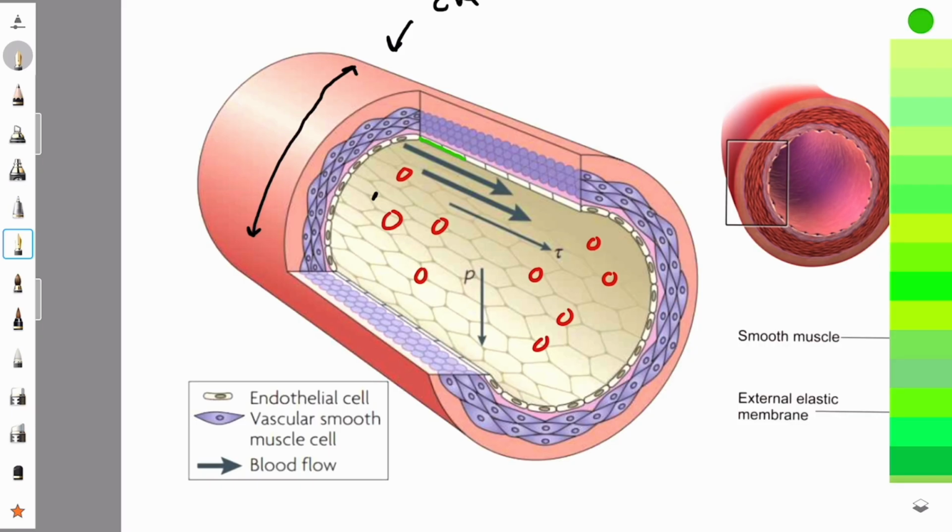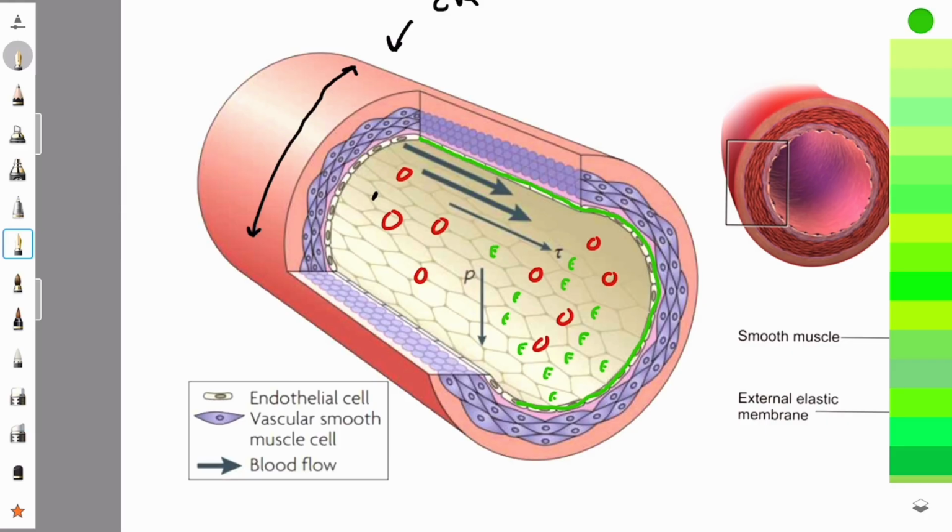So you can see that the entirety of the lumen is surrounded with the endothelial cells, right? These are endothelial cells, right? So these endothelial cells are what interacts with all of the substances floating around in the blood.